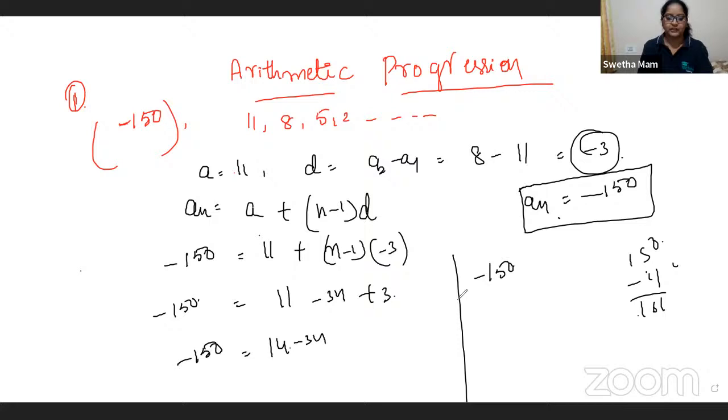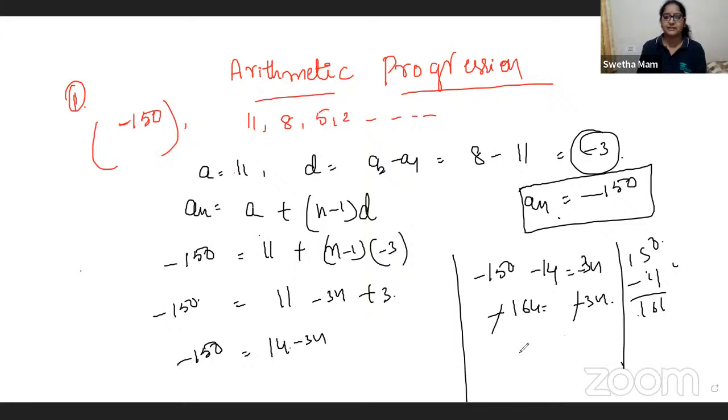Minus 150. Take this 14 to the left hand side, it becomes minus 14. That is equal to minus 3N. And now it becomes minus 164 is equal to minus 3N, right?